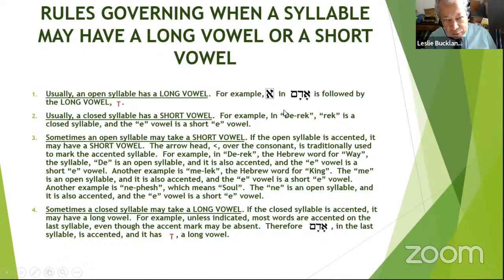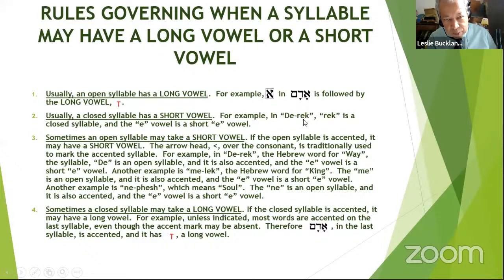I was not able to find the device on the laptop to put an arrowhead here, but this is where you would find the arrowhead over this first syllable, over the open syllable.